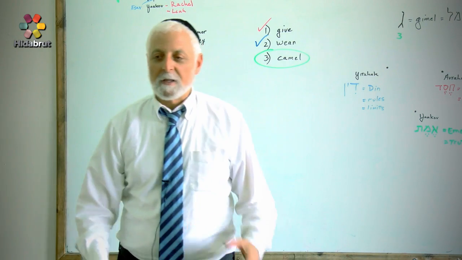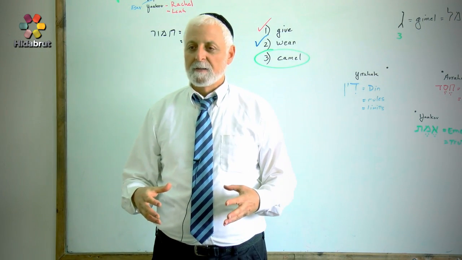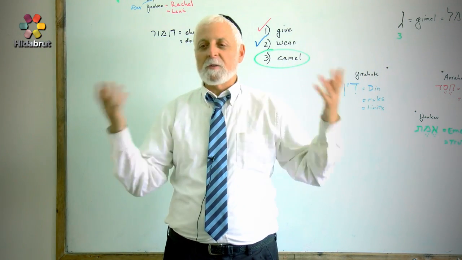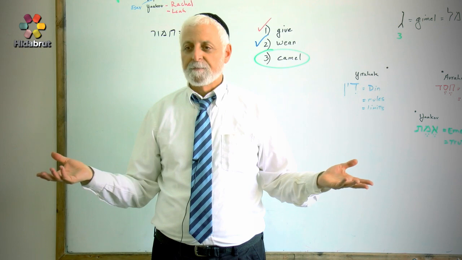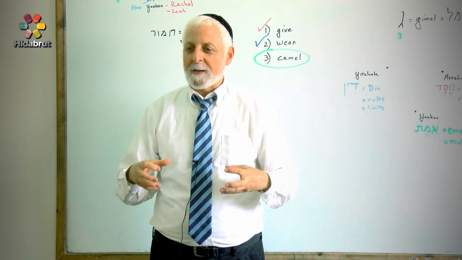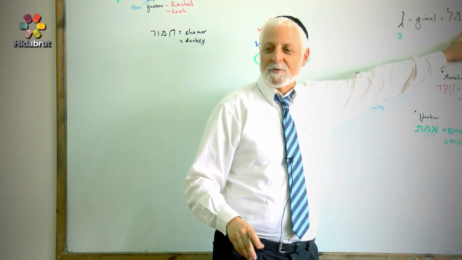But with a camel, if you fill it up with enough water, it'll take you on a journey across the desert that no other animal can do for you. So that's a very unique attribute for an animal that God spells with the same letters.